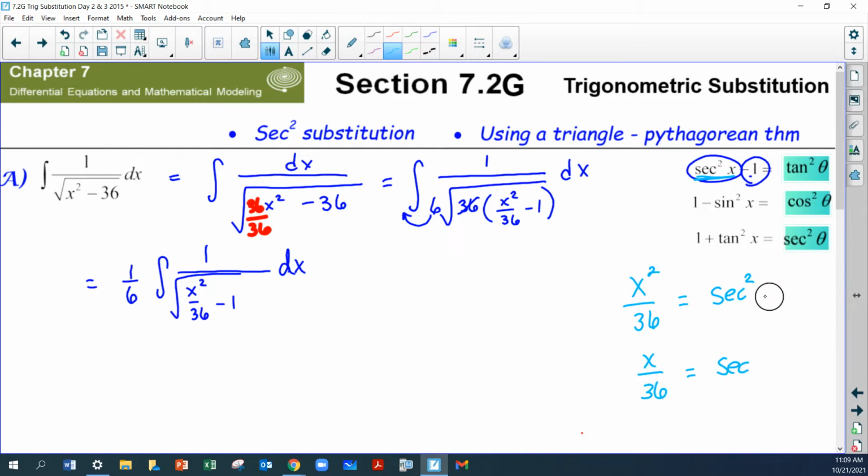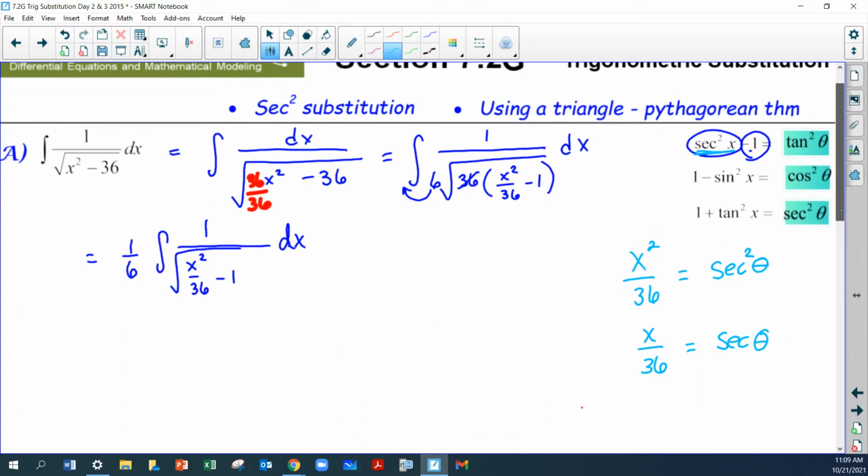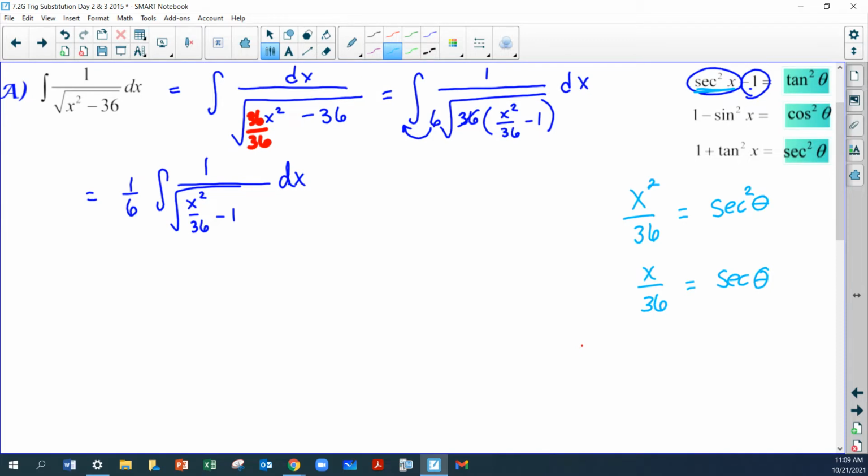Ooh, I don't want to use x. There's a mistake right there. Go with theta, because I can't use a variable that's already been taken like x. So let's go secant theta, and now take the derivative. Now we'll have 1/6 dx equals, what's the derivative of secant theta? It's secant theta tan theta d theta.